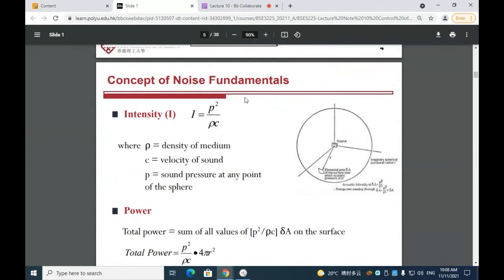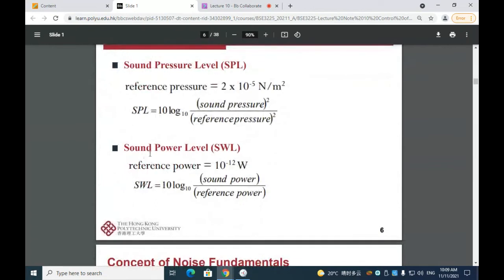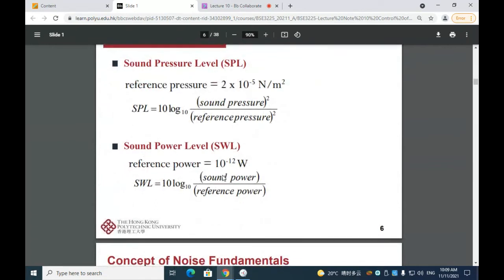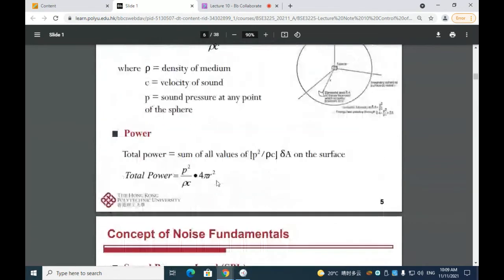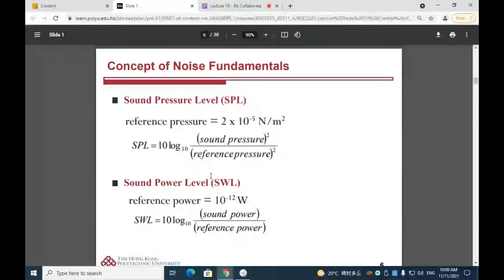Okay, so the concept of the noise fundamentals includes intensity, power, sound pressure level, and sound power level. The most important parts for our application are the sound pressure level and the sound power level. Both of them first take a reference.